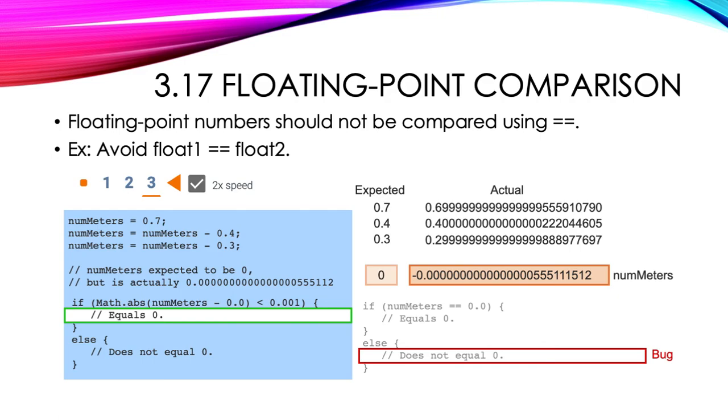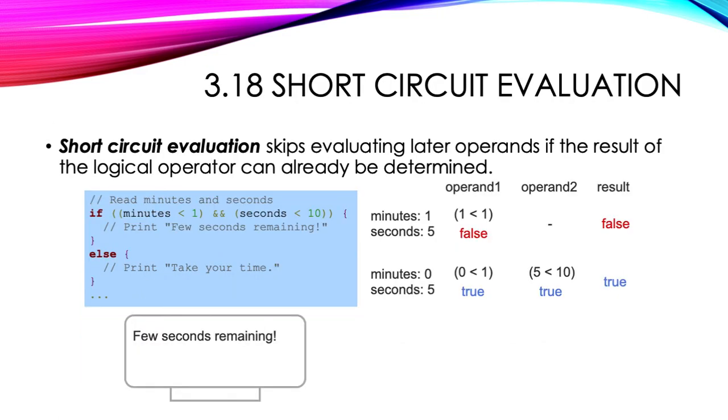Next we have short circuit evaluation. Here we have the condition where the first operand and the second operand have to be true in order to get a result.